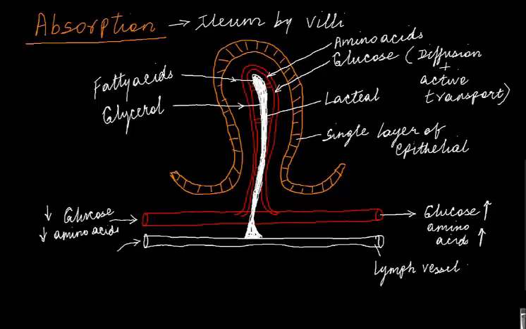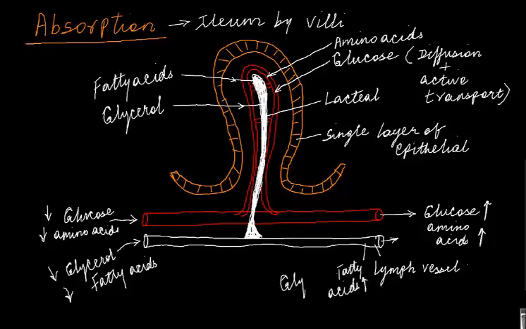So the lymph which is entering the villus will have a lower concentration of fatty acids and glycerol than the lymph which is leaving. Is it clear? So here you'll have a higher concentration of fatty acids and glycerol. Is that clear? So this is how absorption occurs in the ileum.